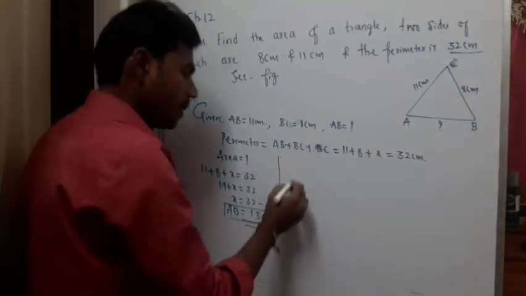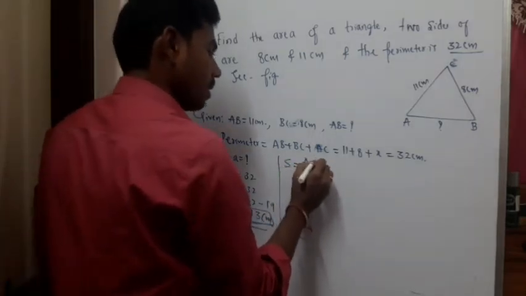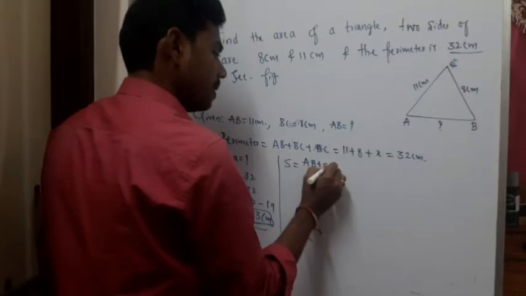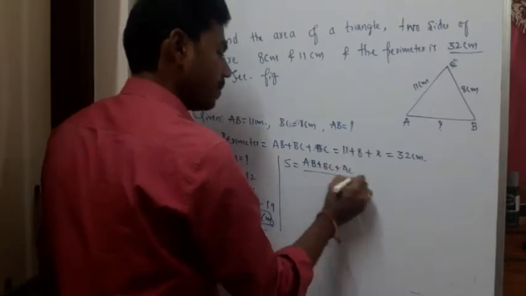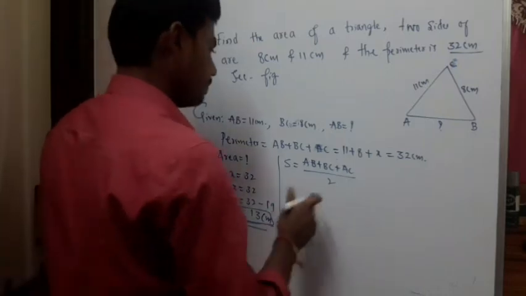Now the semi-perimeter S is equal to AB plus BC plus AC divided by 2, or else A plus B plus C by 2.